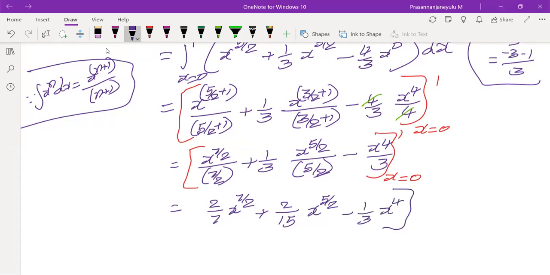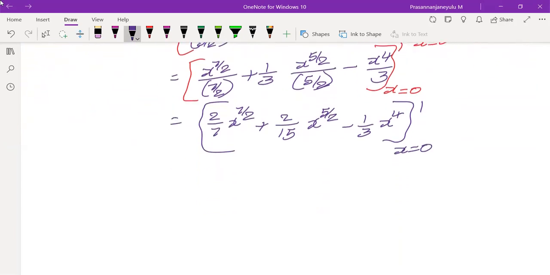Now we are going to apply the limits. What is the upper limit of the x variable? 1. In place of x, substituting 1. So what are we going to get if we substitute x equals 1? Simply 2 by 7 into 1 power anything is 1 only. 1 power 7 by 2, anything is 1 only.